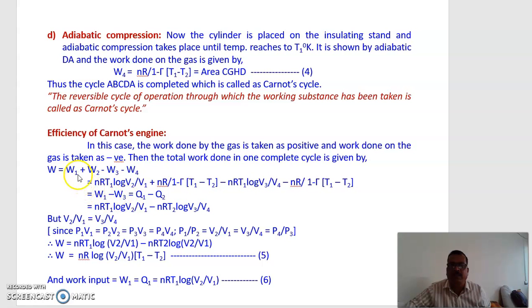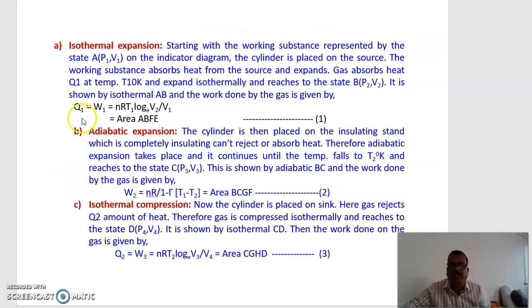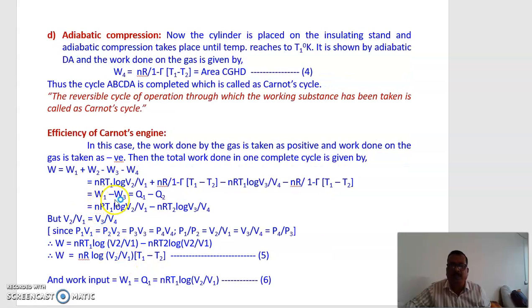That is equal to W1 म्हणजेच काय आहे, Q1 आणि W3 म्हणजे काय आहे, Q2. That is W1 minus W3 equal to Q1 minus Q2, and this can be written as nR T1 log of P2 by P1 आणि हा nR T2 log of P3 by P4.